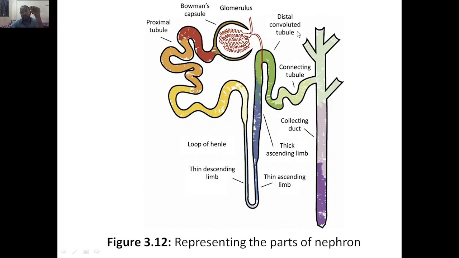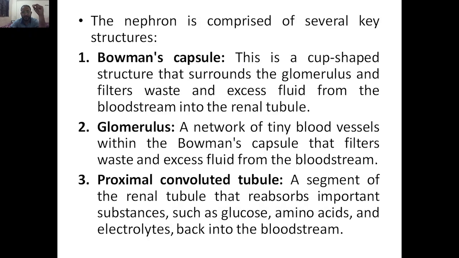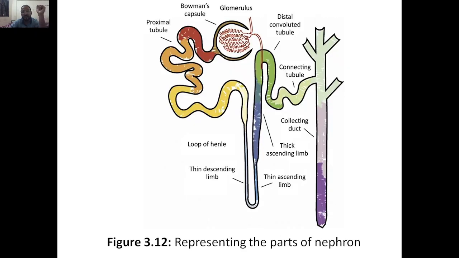So what happens here after filtration, the blood is coming. In this filtered blood, whatever waste is going, there are a few important molecules, for example amino acids, glucose, or electrolytes. They are going along with the waste.